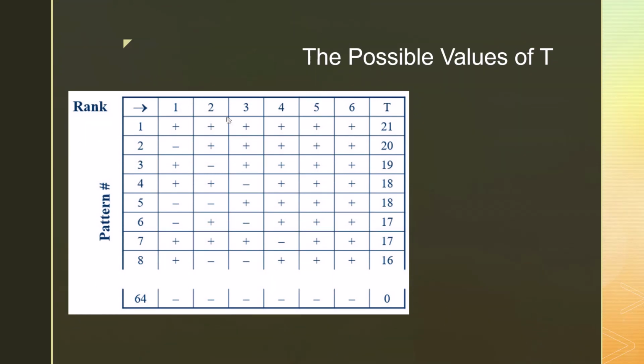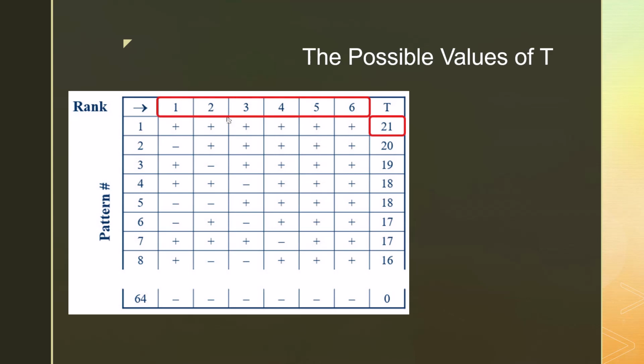So here is a picture you are familiar with. All the plus and minus sequences are the same as what you've seen in the past. What has changed is on that top row, we are now looking at ranks instead of pair numbers like we did with signs, or scores like we did with the original scores randomization test. Thus, when we have all plus signs, we're going to add up all the ranks and we get a value of 21.